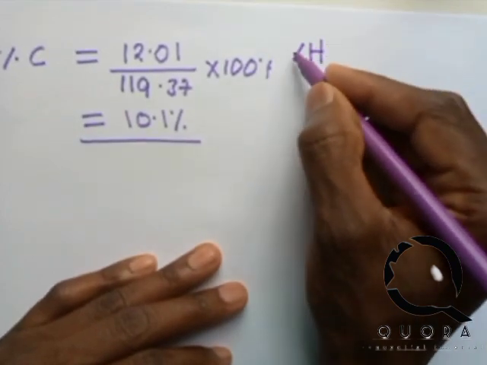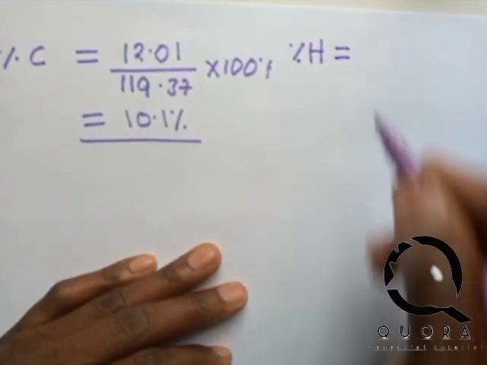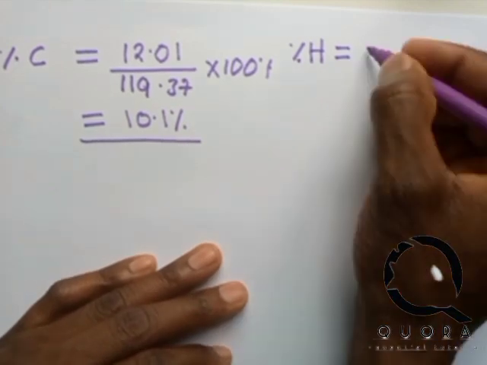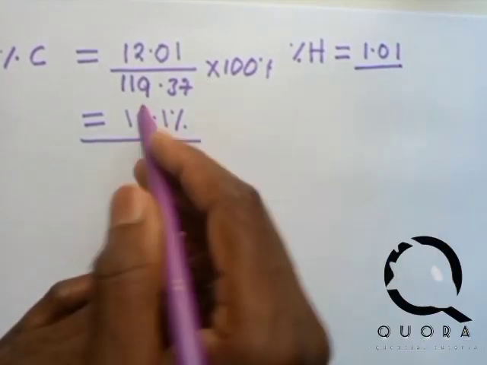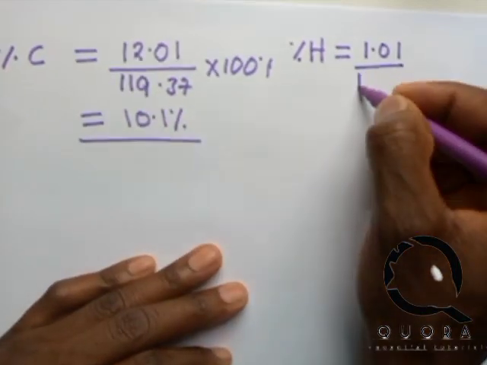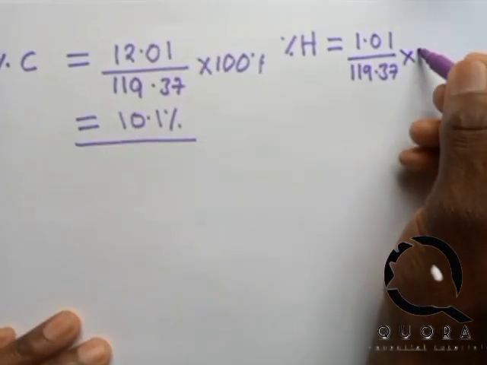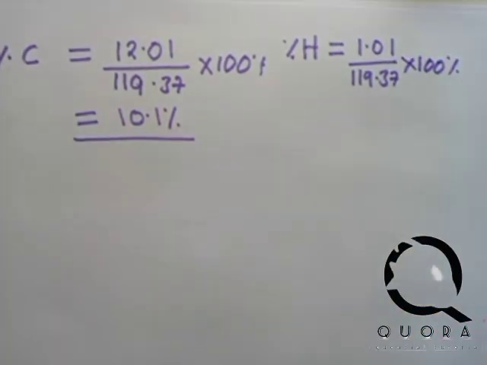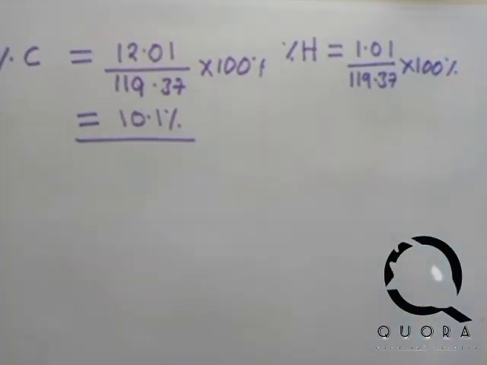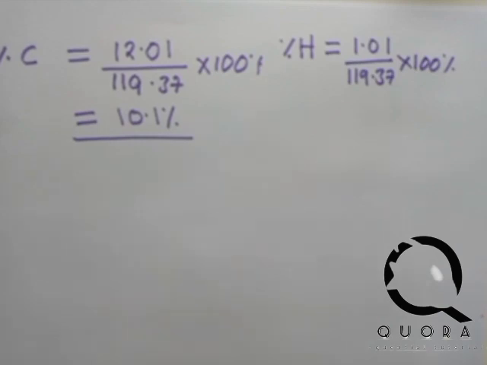I'll come to hydrogen. The percentage composition for hydrogen has to be equal to the molar mass of hydrogen, 1.01, divided by the total molar mass. Then I'll multiply this by 100%. Alright, so if I do it like that, the calculator has to be working.